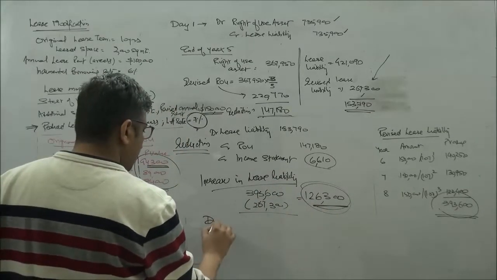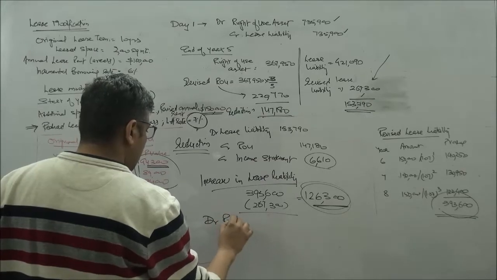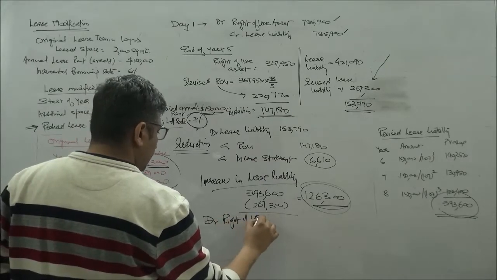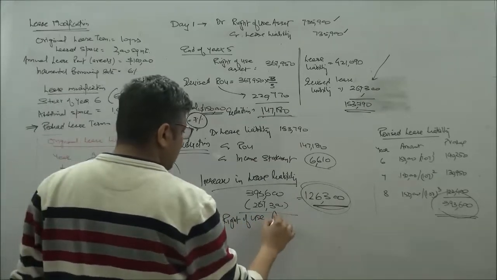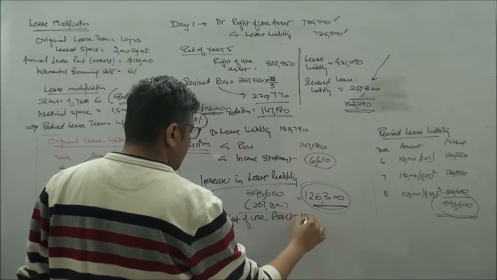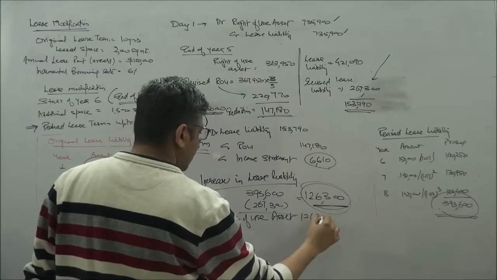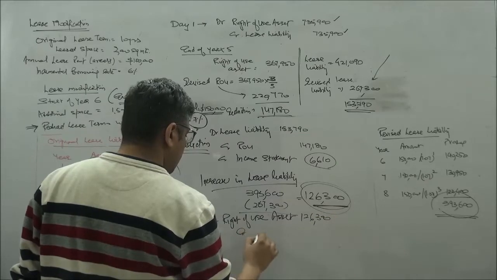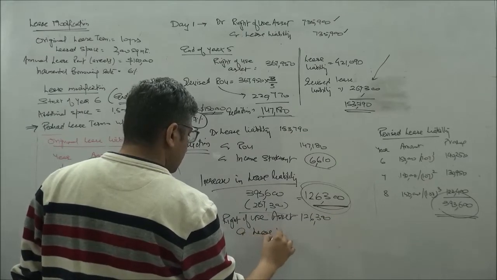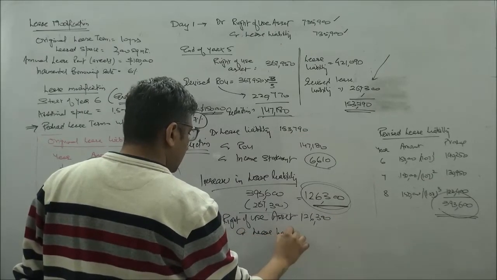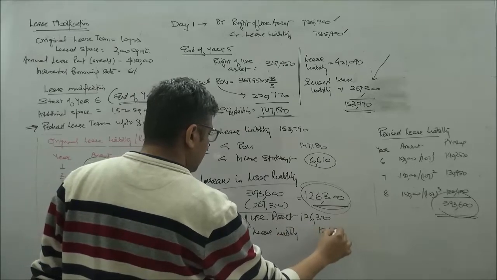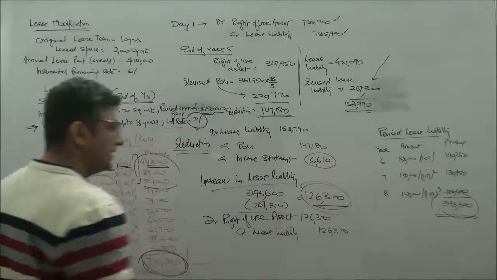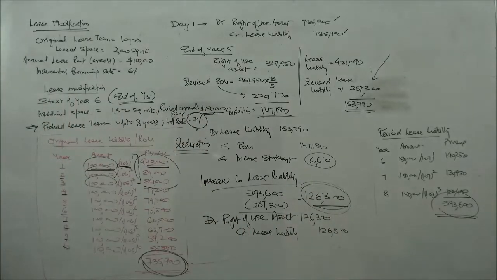So what do I do? I simply take this all to my right of use asset and I say debit ROU 126,300 and credit, of course, lease liability of 126,300. Right?